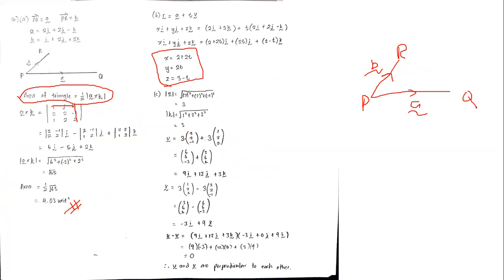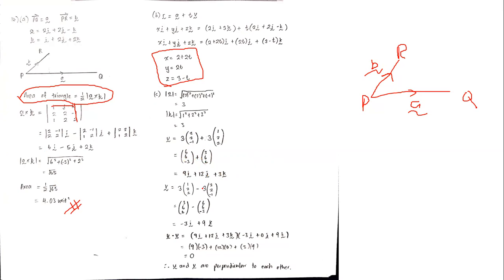This is the magnitude, this is vector A, and this one is vector B. So 3 times inside is 6, 6, negative 3, plus 3, 6, 6. So we get 6 plus 3 equals 9i, and 6 plus 6 equals 12j, and negative 3 plus 6 gives 3k. So this is U.